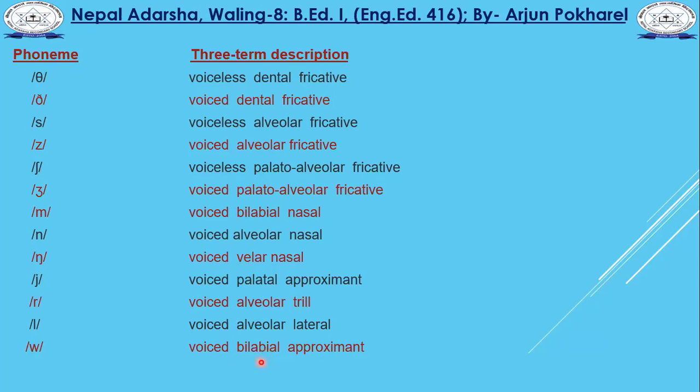The place of articulation is bilabial because two lips are involved in the production of wa sound, and it is approximant because it is what? Approximant or semi-vowel. Approximants are also known as semi-vowels or frictionless continuants, as I told you before.